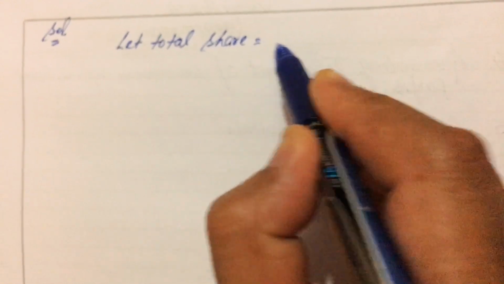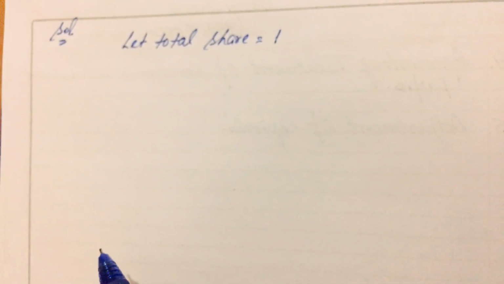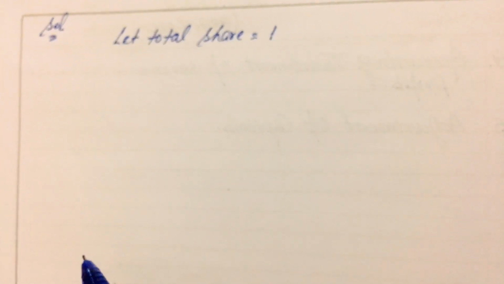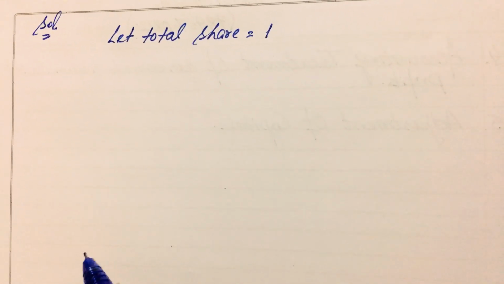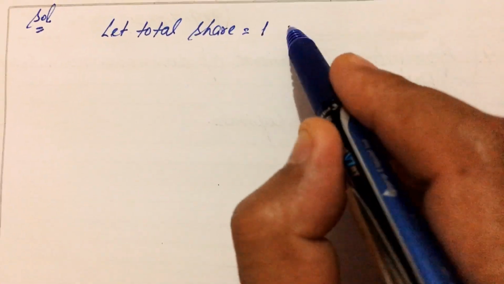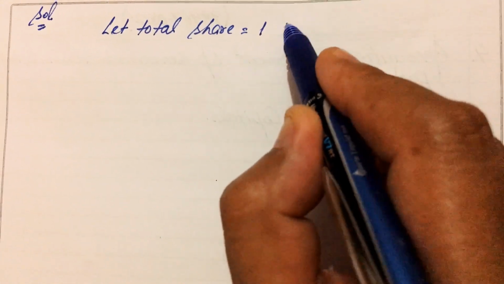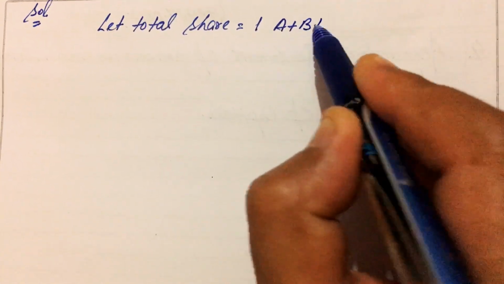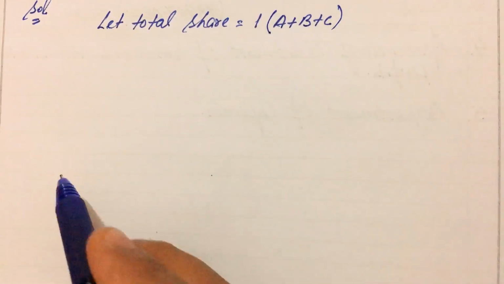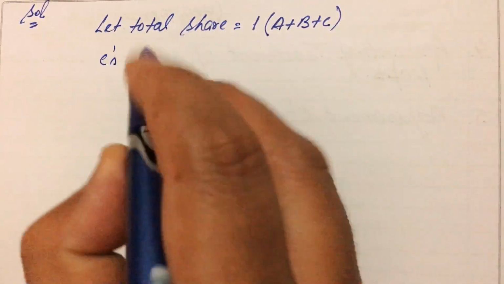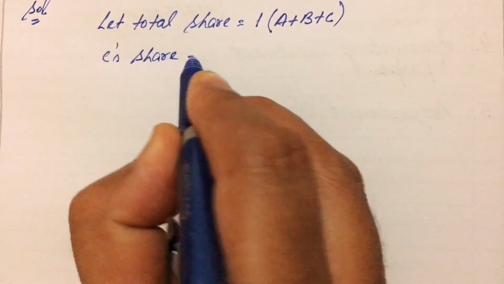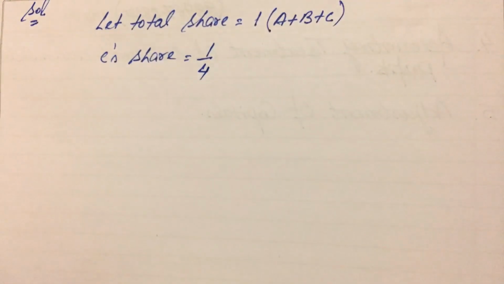In the solution, first of all we will assume total share is equal to 1. Here total share means share of the firm, and all the partners collectively are named as the firm. That's why 1 is the share of all the partners, that is A, B and C. Now the new partner, that is C's share, is given in the question, 1/4.